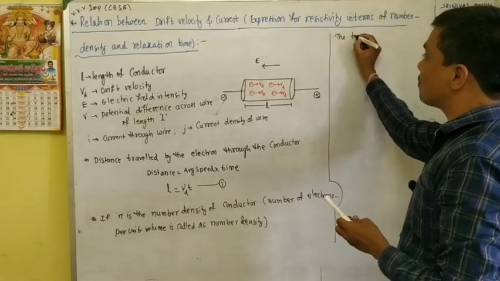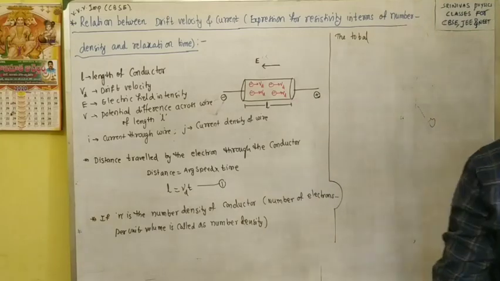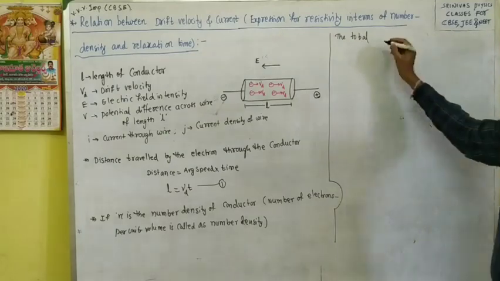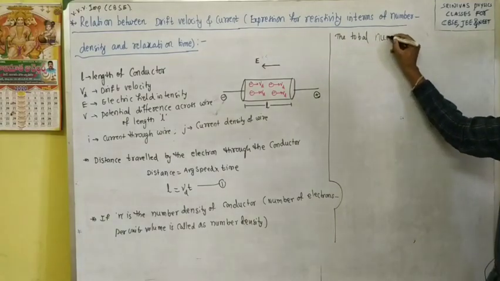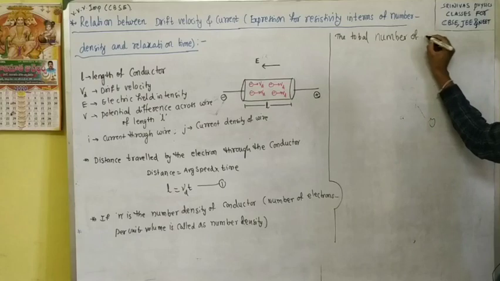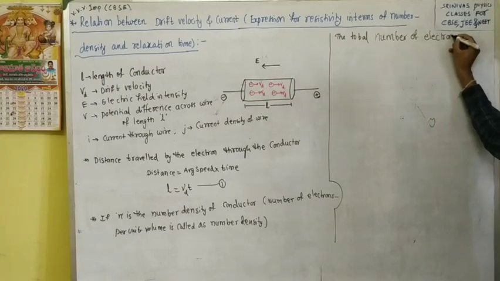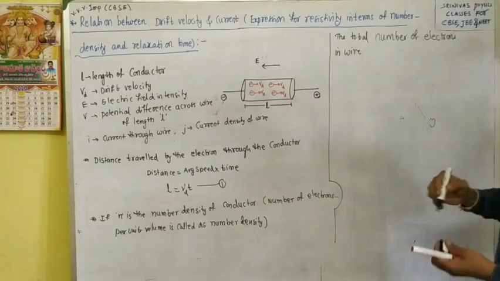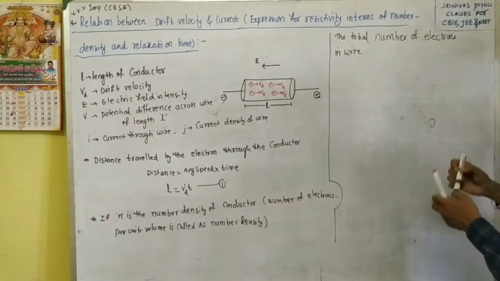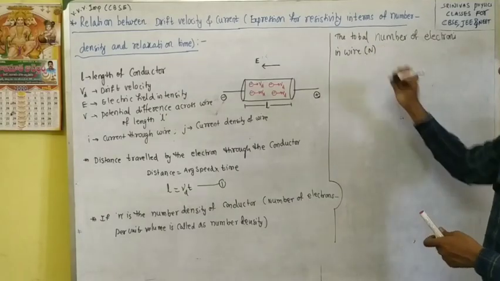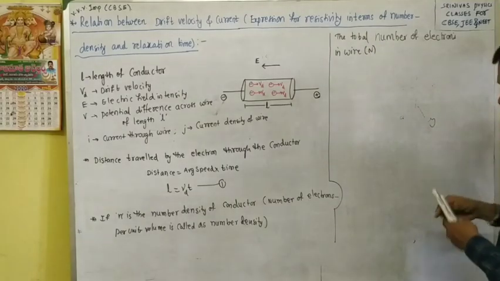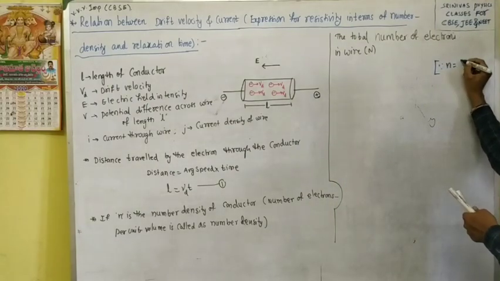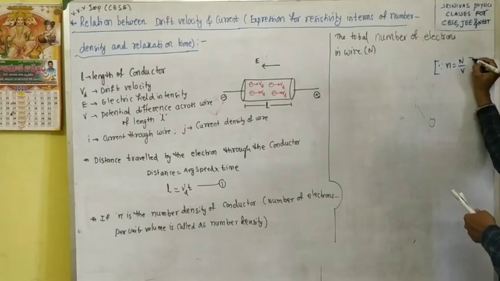The total number of electrons in the wire we consider as N. Here we have the formula for number density: number density is equal to number of electrons by volume.